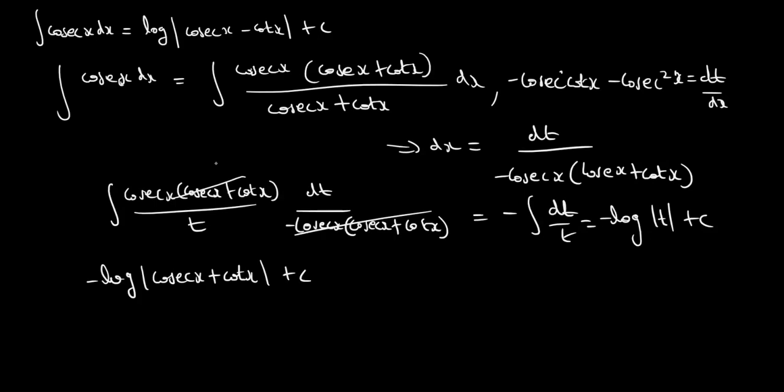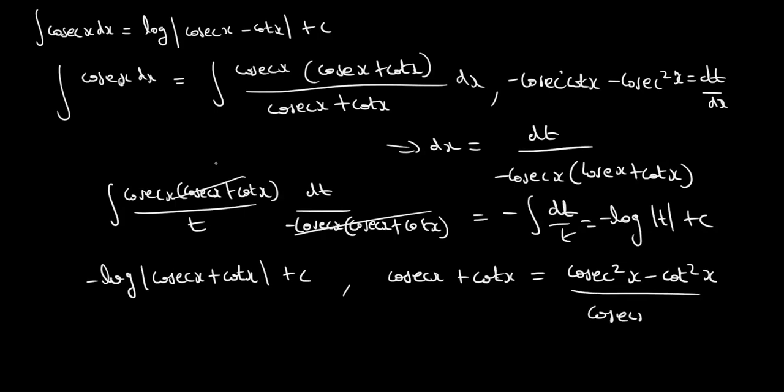And how will we get this cosec x plus cot x? We can replace this term by cosec square x minus cot square x by cosec x minus cot x.